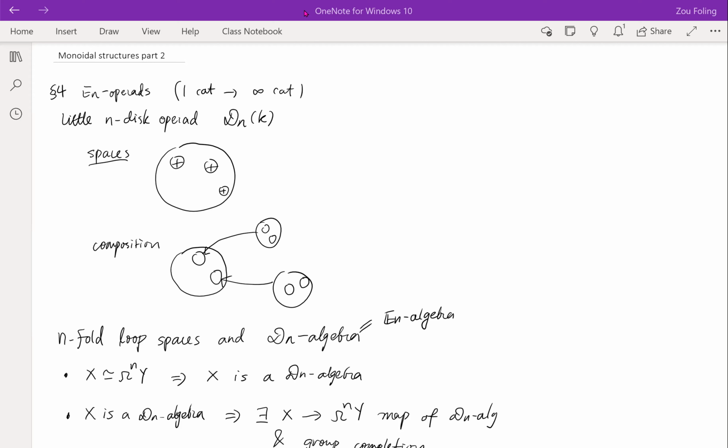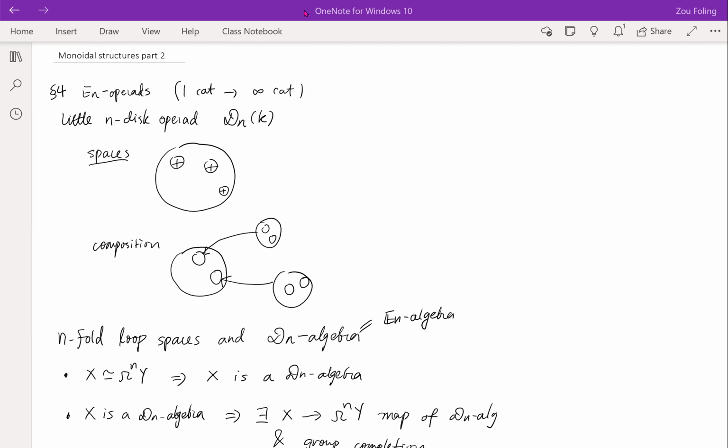What I draw here is an element that belongs to D_2(3). And the composition or the structure maps, which I draw here, take D_2(2) cross D_2(2) cross D_2(3) to D_2(5), which is 2 plus 3, and comes from composing these embeddings.